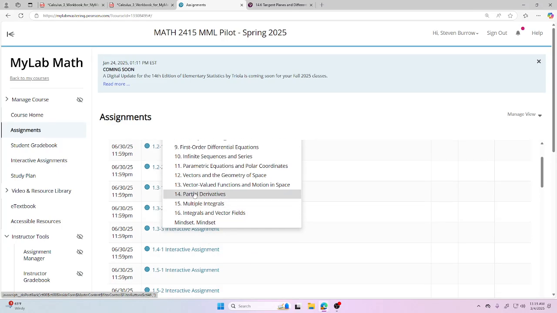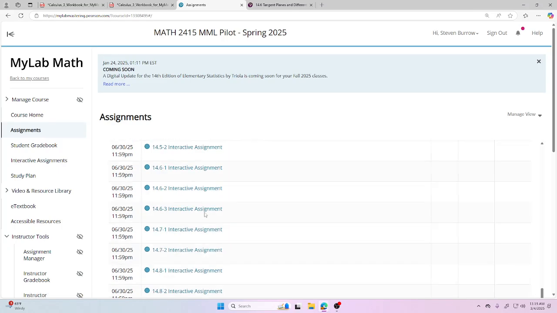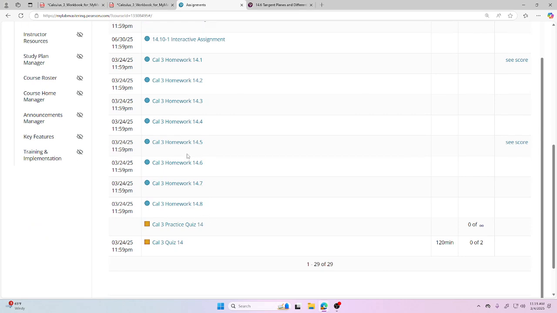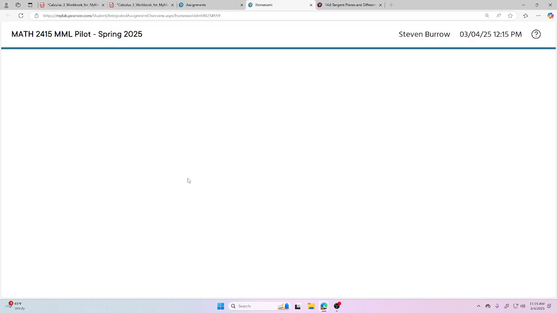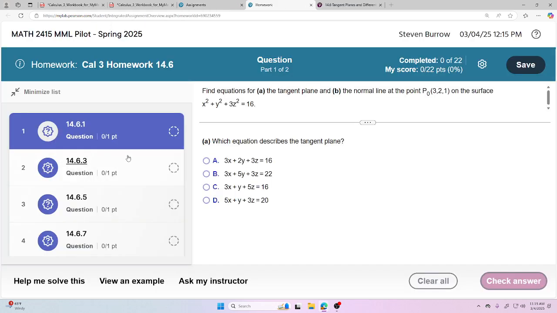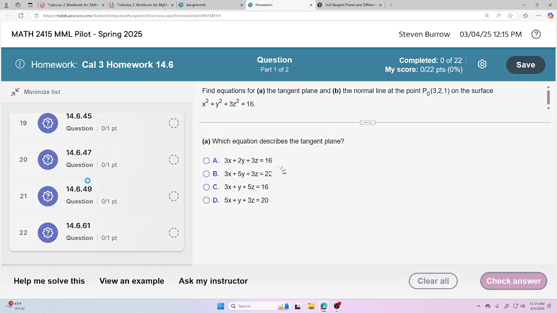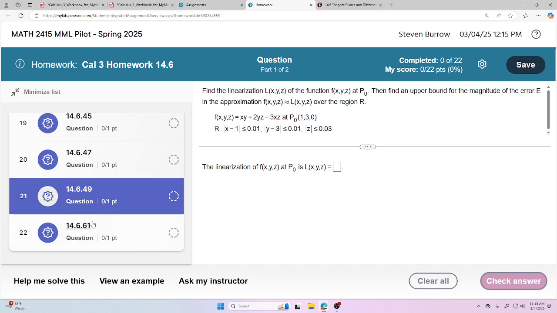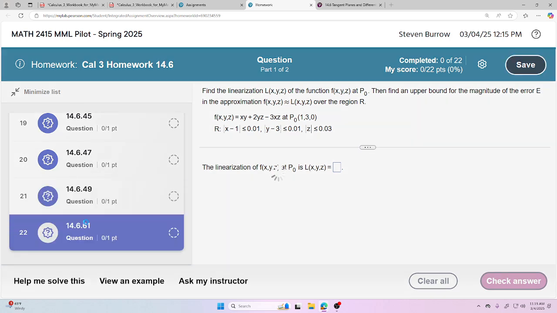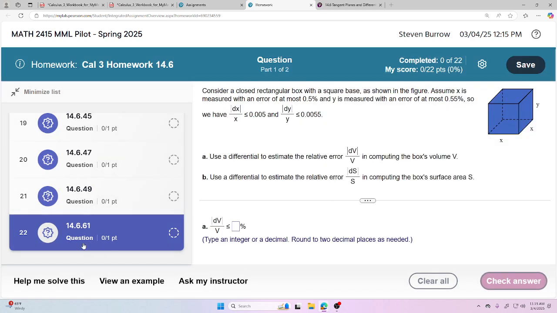So we're in 14, and this was 14.6. And this is probably near the end. We can do the view an example or help me solve it stuff. That's the linearization. This is the one, look, it's the last question.